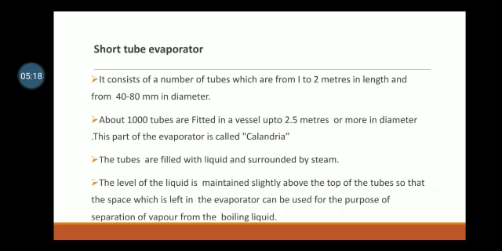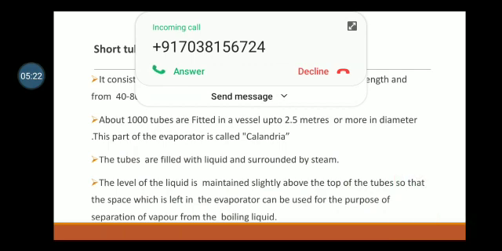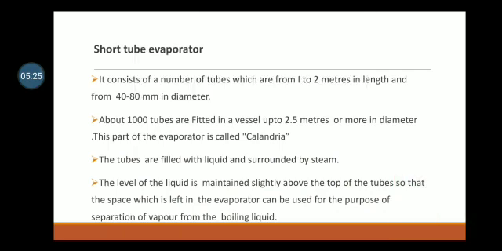Short tube evaporator. It consists of a number of tubes which are from 1 to 2 meters in length and from 40 to 80 mm in diameter. About 1000 tubes are fitted in a vessel about 2.5 meters or more in diameter.